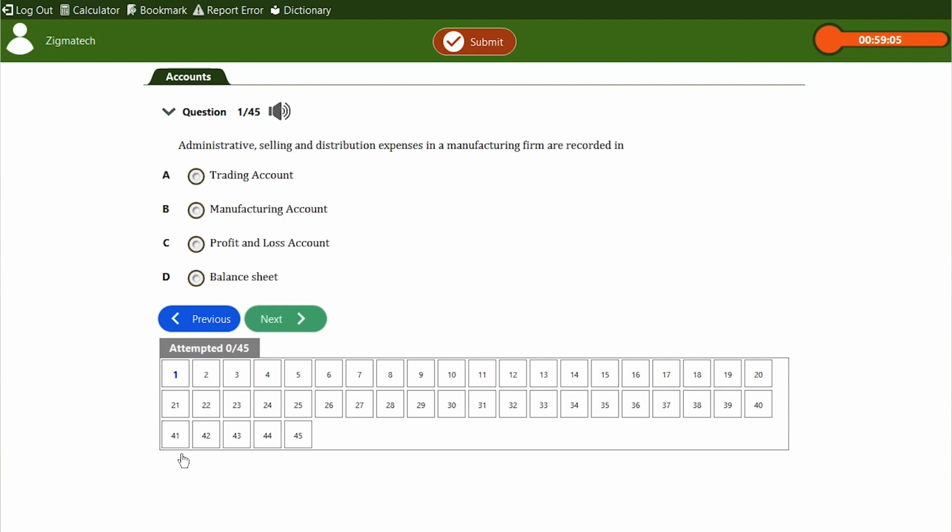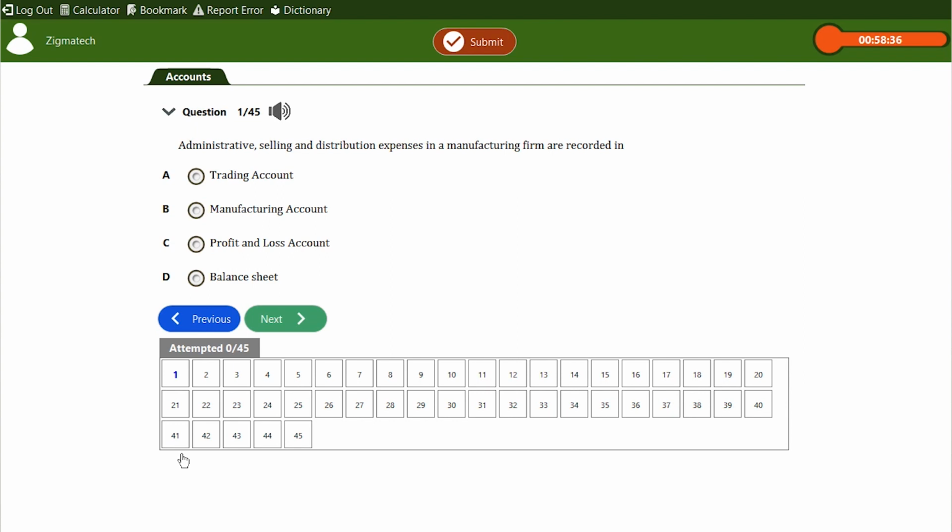Question number one said administrative, selling, and distribution expenses in a manufacturing firm are recorded in A, trading account, B, manufacturing account, C, profit and loss account, and D, balance sheet. Of course, you remember in course of our discussion, I told you that factory overhead is divided into factory overhead and non-factory overhead.